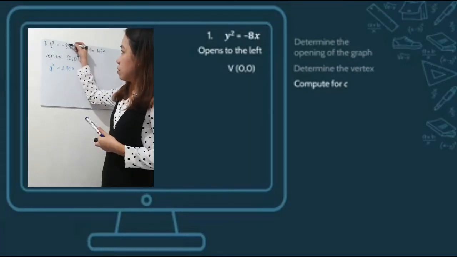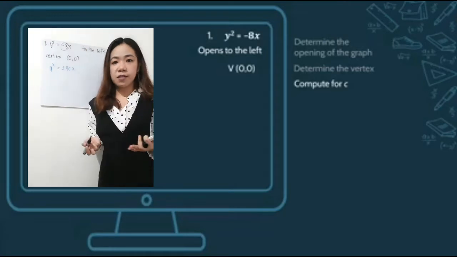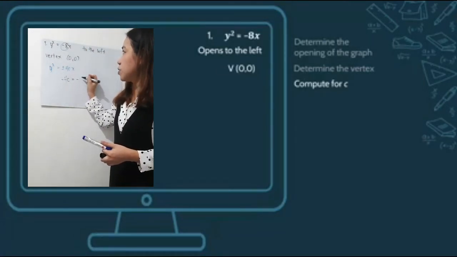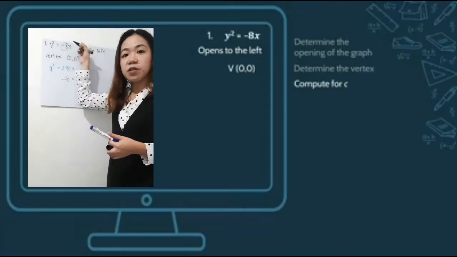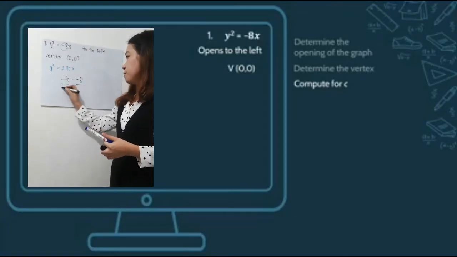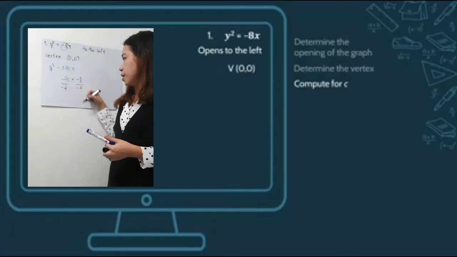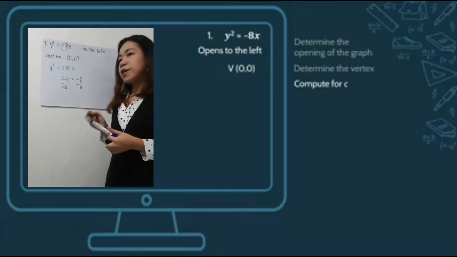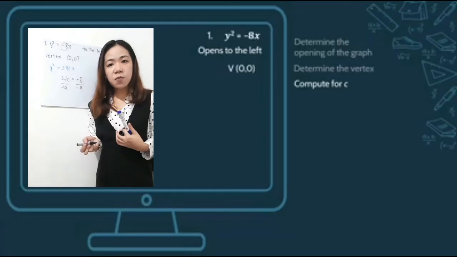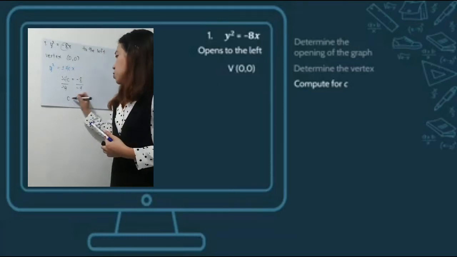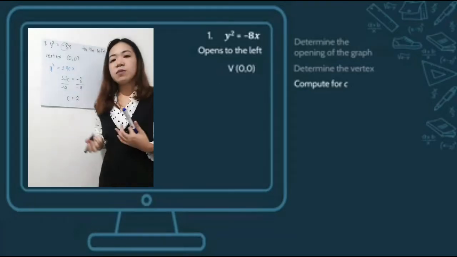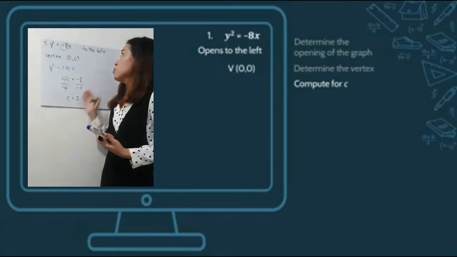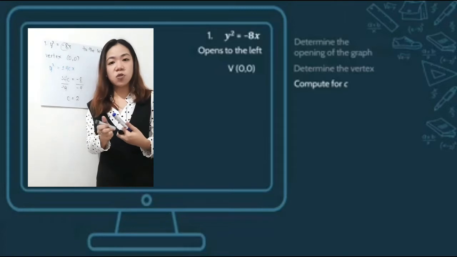We have here negative 8, so negative 4c is equal to negative 8 on this given equation. Then simplify, divide both sides by negative 4. Negative 8 divided by negative 4 is positive 2. So we have c equals 2, negative divided by negative is positive. We already have the vertex, the value of c, and its opening, which is to the left.